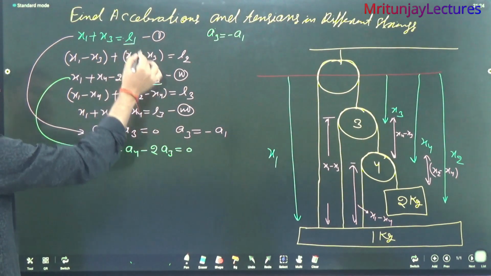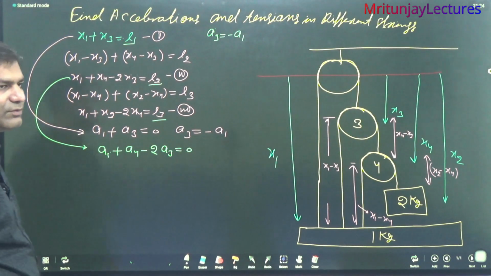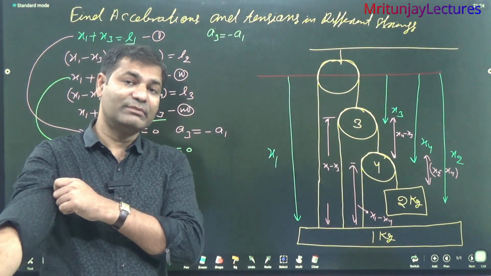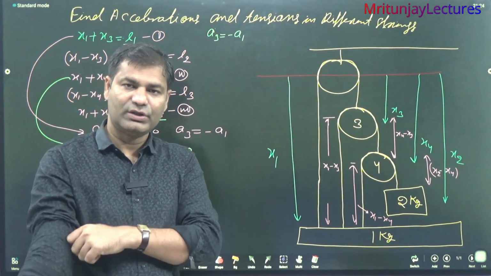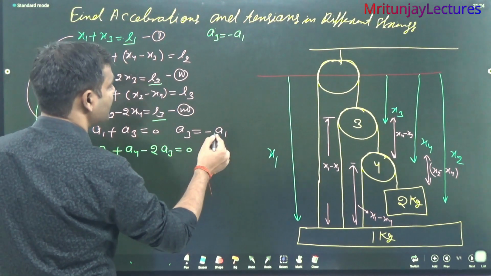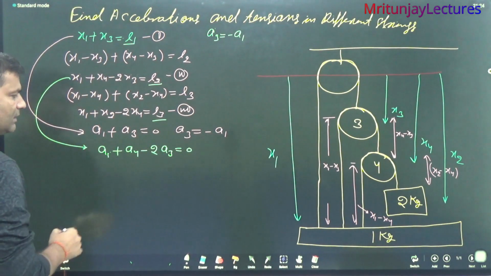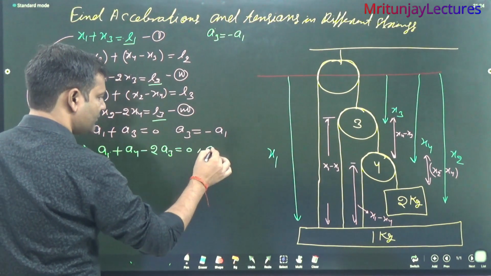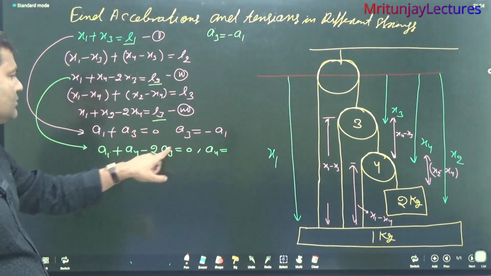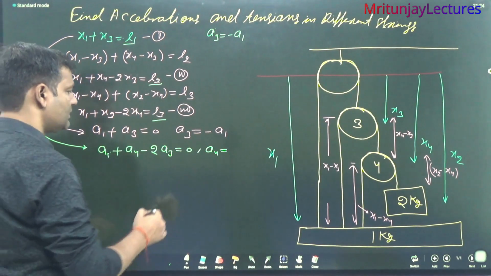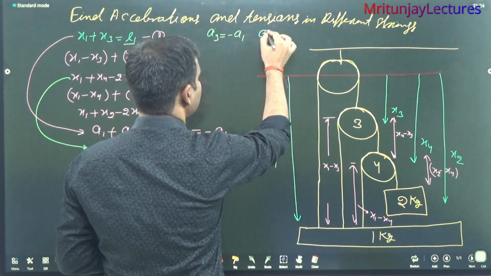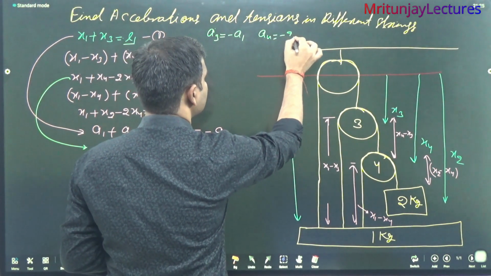Because this one and this one are fixed lengths. That's why if you differentiate with respect to time, we get 0. So put this value, a3 is minus a1. Then what about a4? If we put this value, a4 is minus 3a1.